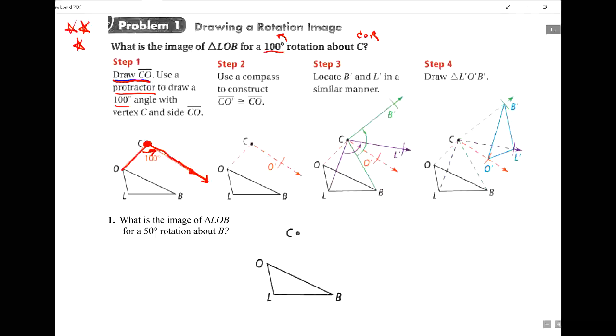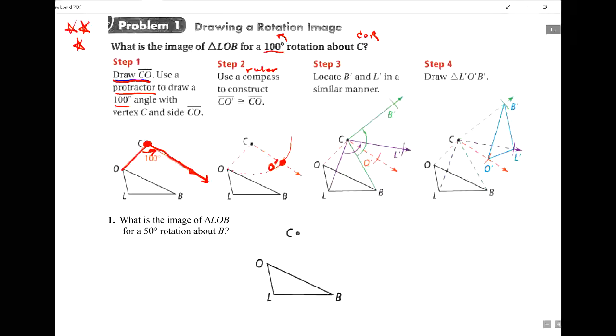we use a compass or a ruler, and we take our compass and we draw a circle until we intersect this line. And once we intersect our new line here, we know that this is going to be point O prime.